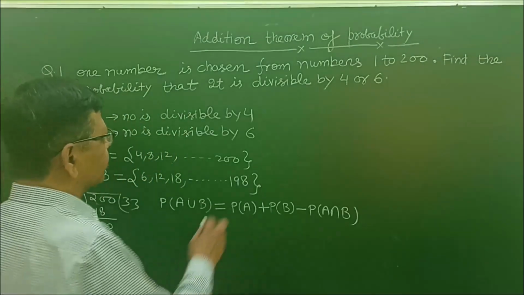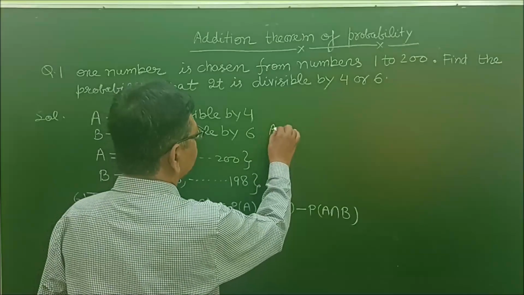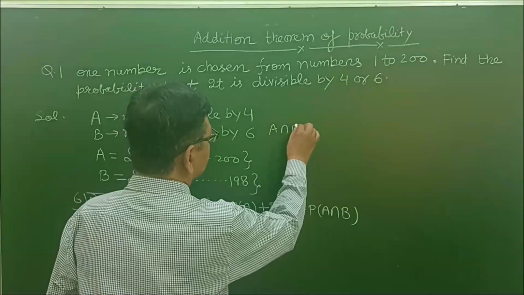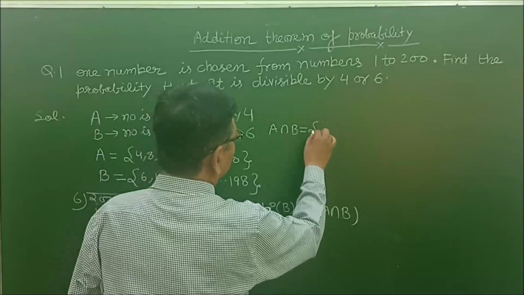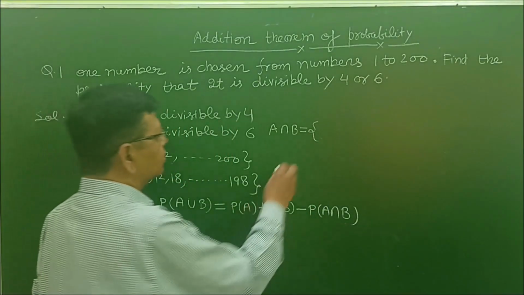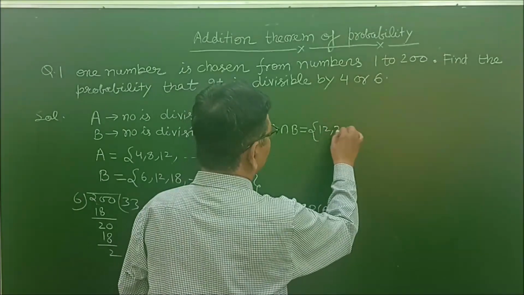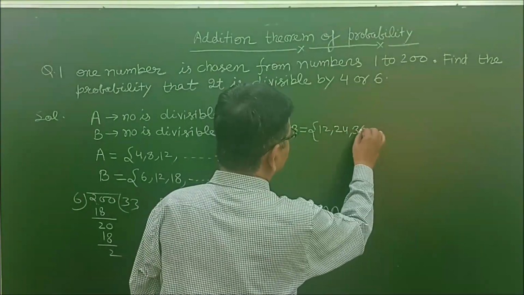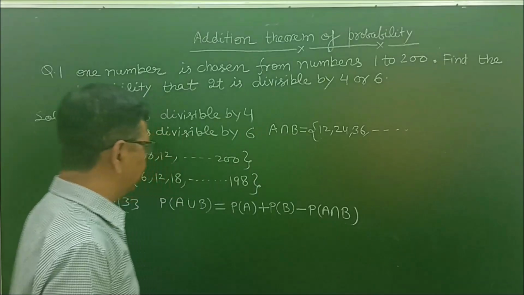So A intersection B will consist of the numbers divisible by 12, that is 12, 24, 36, and so on.